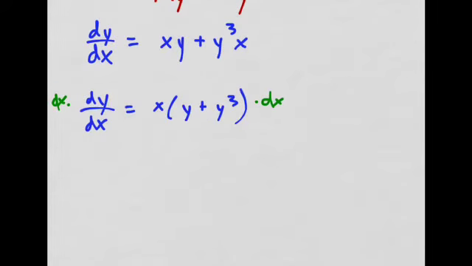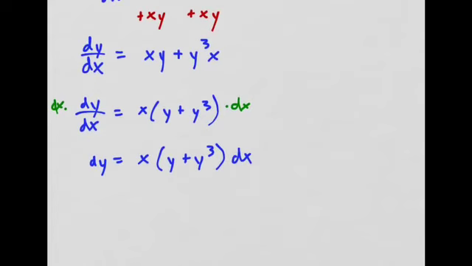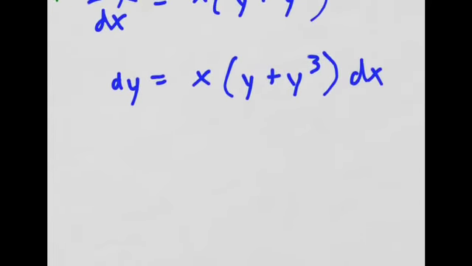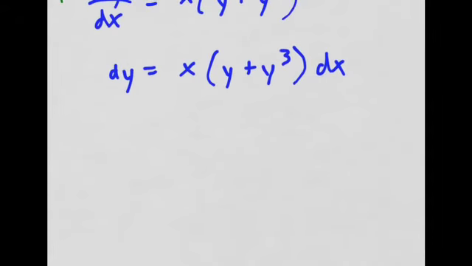And if I do that, I can think of it just as dy on the other side. And the last part is to separate my variables. I want my y's to be over on the dy side, and I want my x's to remain on the dx side, so I would divide both sides by y plus y cubed.